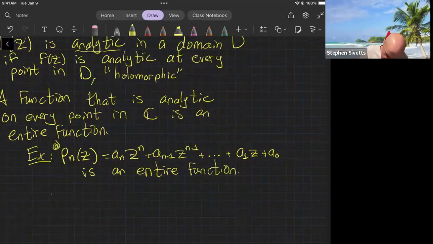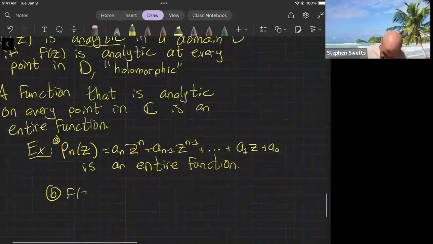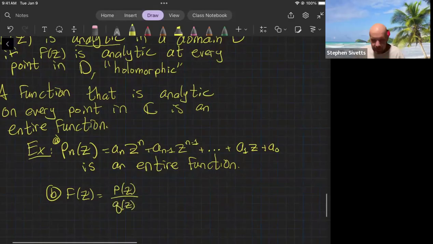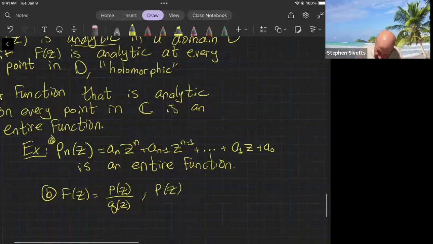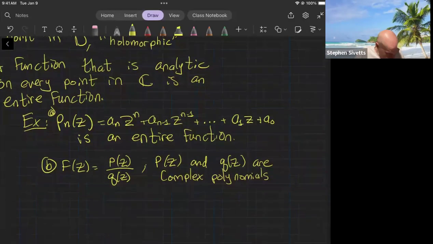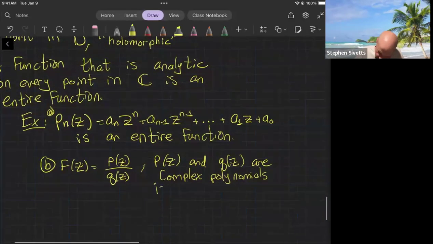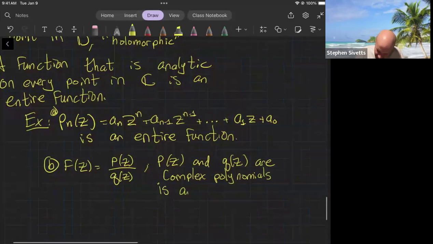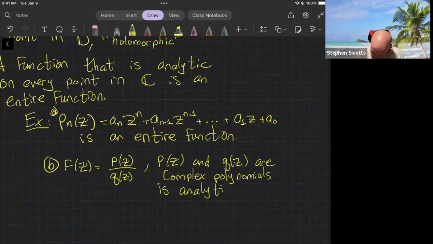Another example is a rational function, a complex rational function, mind you, where P of z and Q of z are complex polynomials. I shouldn't say entire, because entire means it's everywhere analytic.